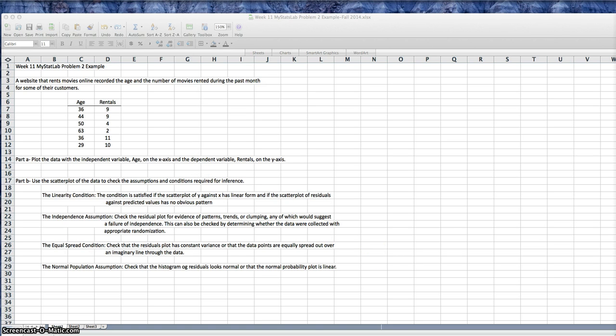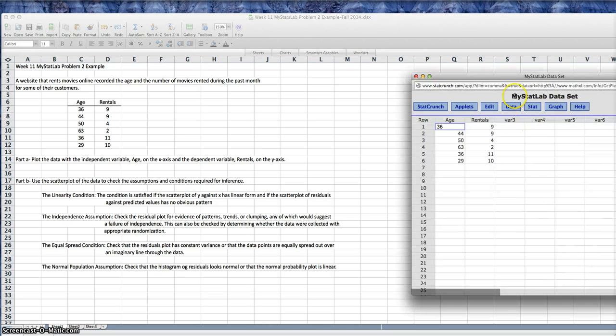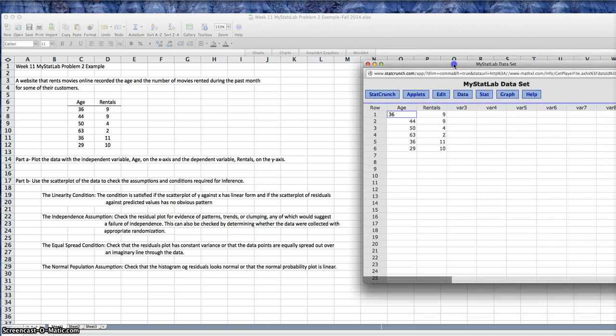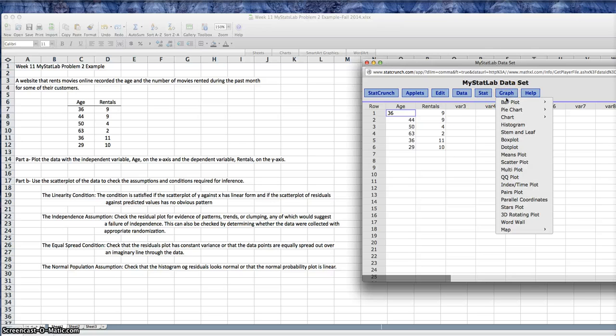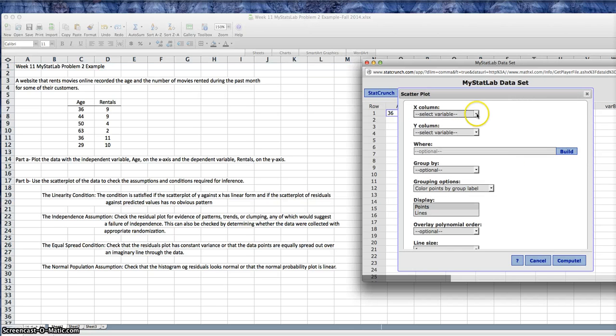Let me pull that up here. I've already copy and pasted the data into the MyStatLab StatCrunch. So let's go ahead and make our scatter plot. So we can go to Graph, Scatter Plot.